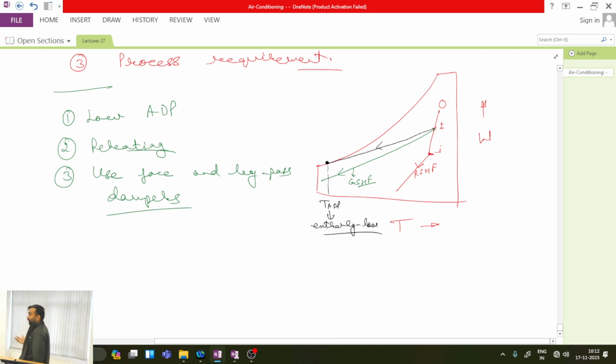In this process, what we typically do is, a significant amount of the recirculated air coming from the room is just bypassed without passing it over the cooling coil, and we allow only a small fraction of air to pass over the cooling coil. So when we allow a very small fraction of air to pass over the cooling coil, automatically the ADP will go down. So it will help us in maintaining the low ADP.